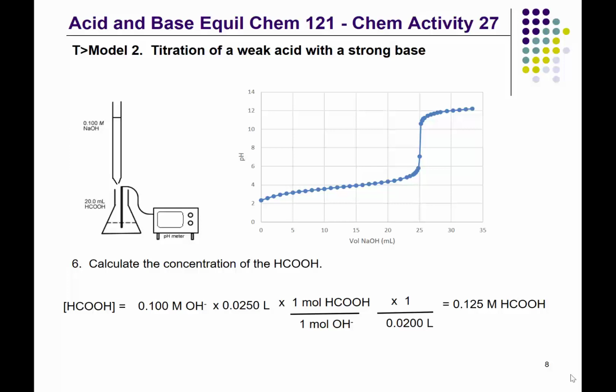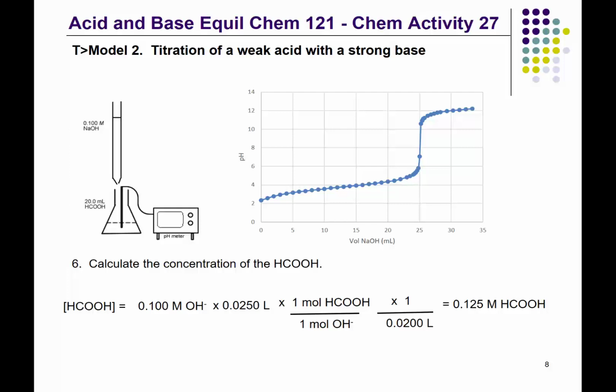Titration reactions involving strong or weak acids with strong bases both go to completion, and therefore the stoichiometric approach for either one of those situations is the same. Hopefully these two videos have helped you become familiar with the concepts related to acid-base titrations, which involve using a pH meter to monitor the progress of the titration.